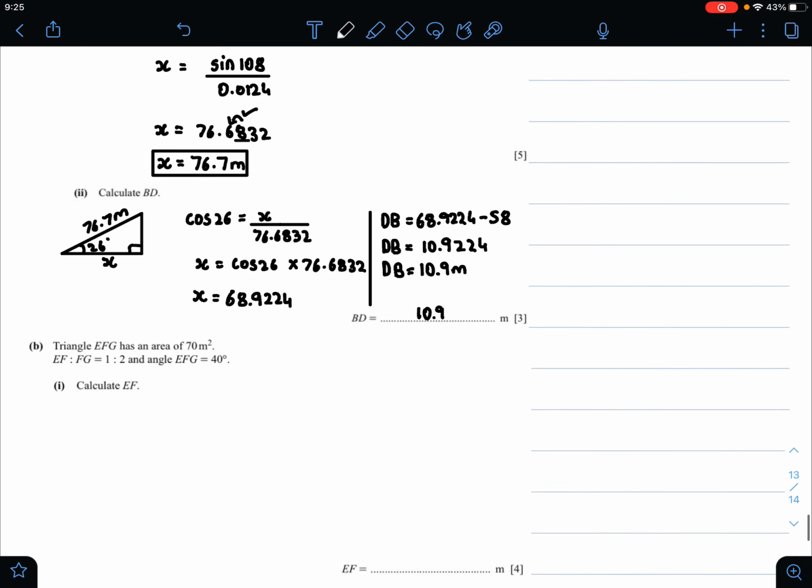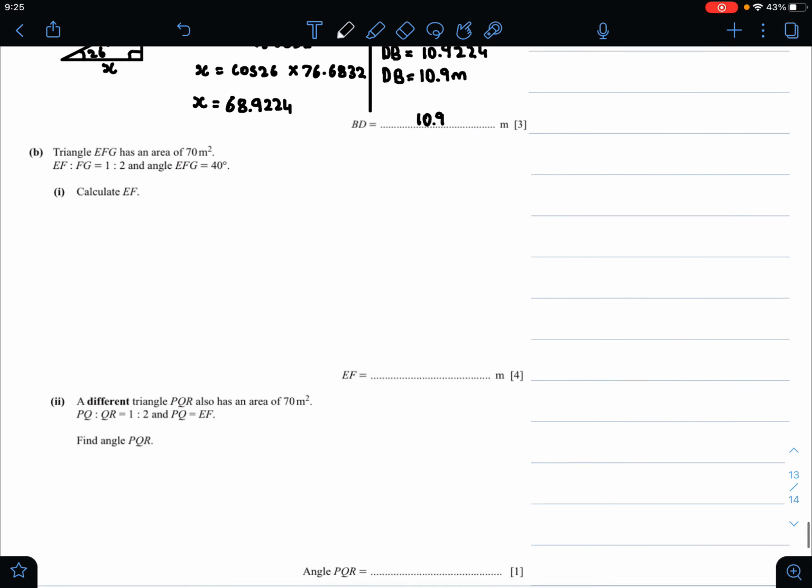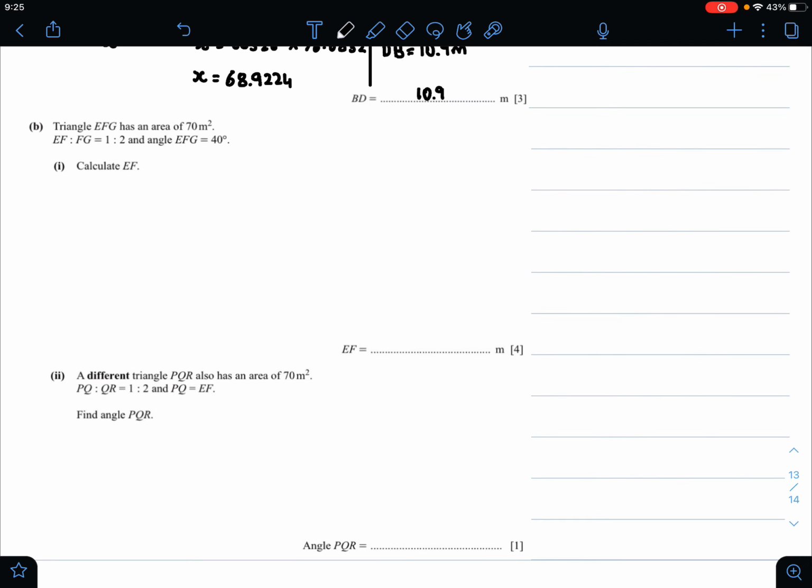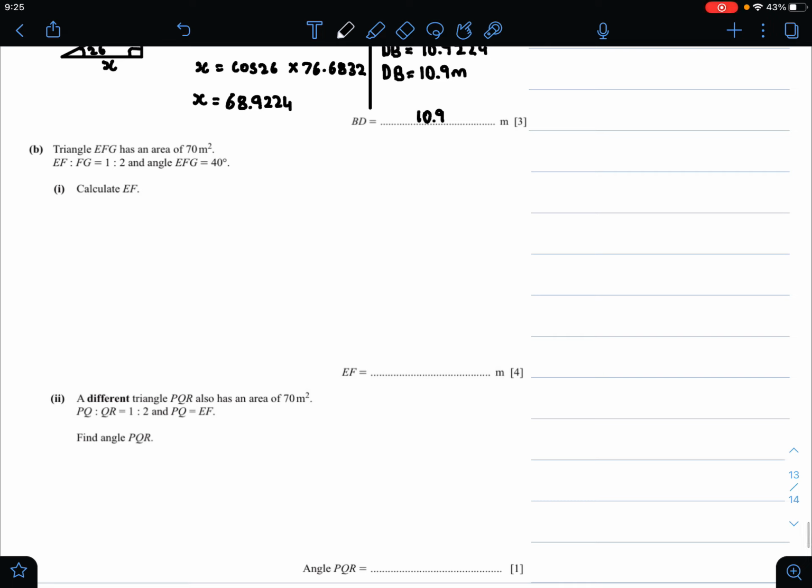Now let's move to part B1. For part B1, they are telling us triangle EFG has an area of 70 meters square. EF to FG is in the ratio of 1:2. So we can say that one of the sides is x and the other side will be 2x, and angle EFG is equal to 40 degrees.